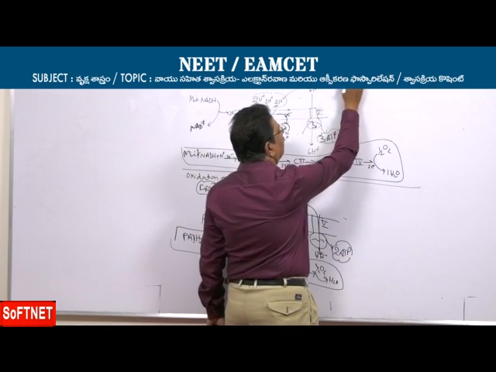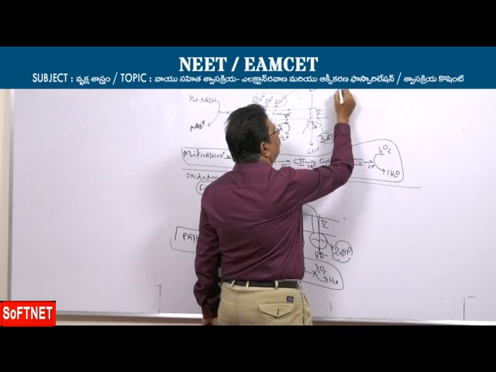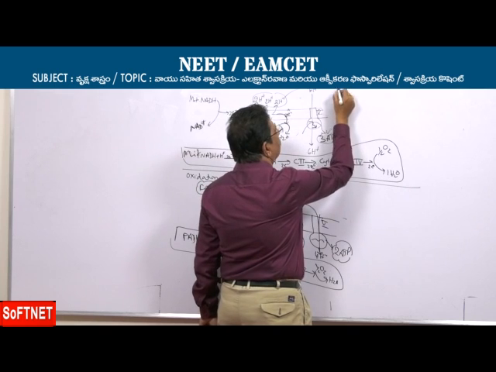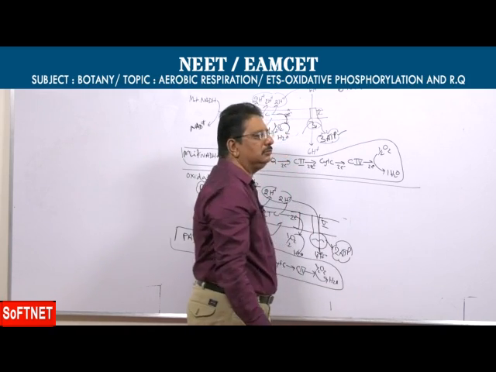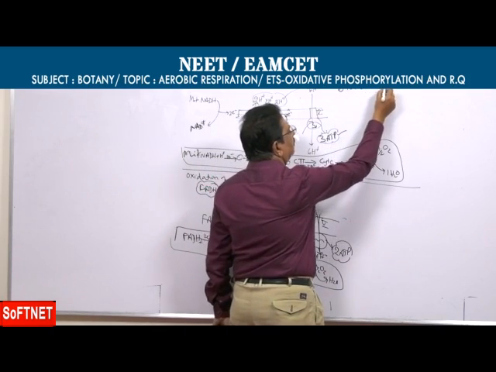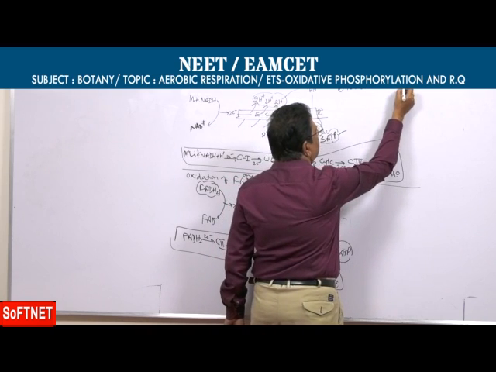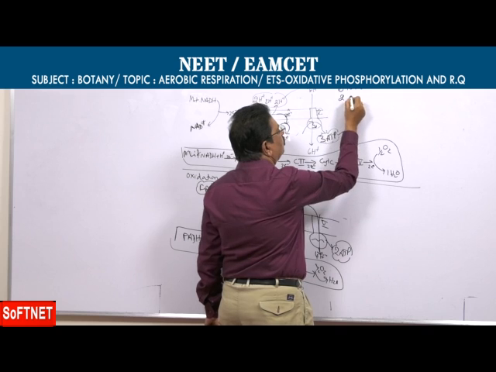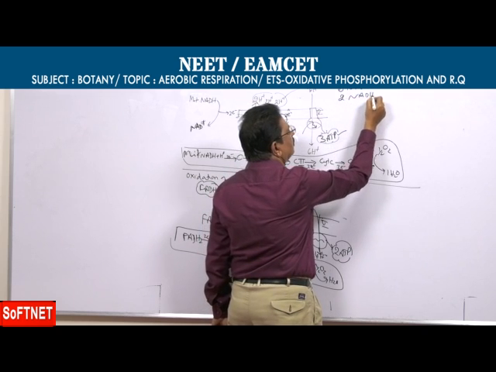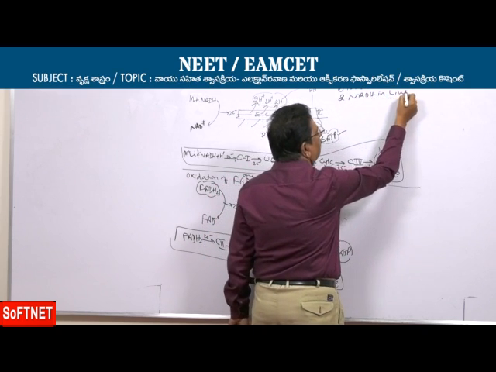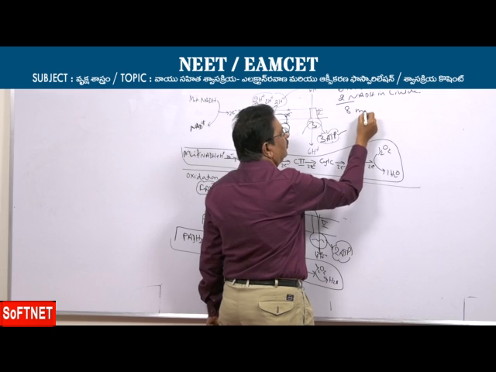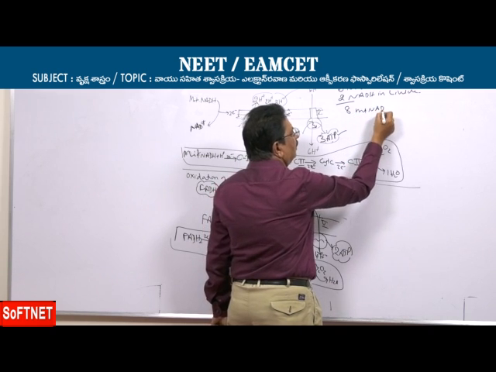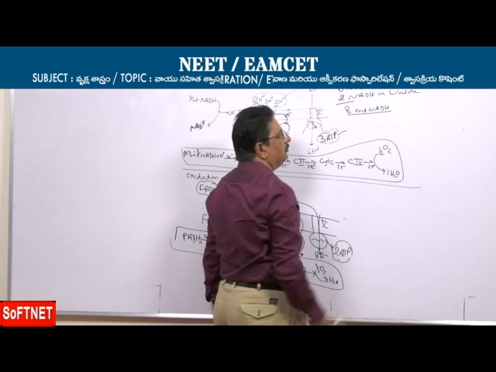So, there are 6 NADHs formed in the TCA cycle and 2 NADHs formed in the link reaction. So, altogether 8 mitochondrial NADHs are formed.